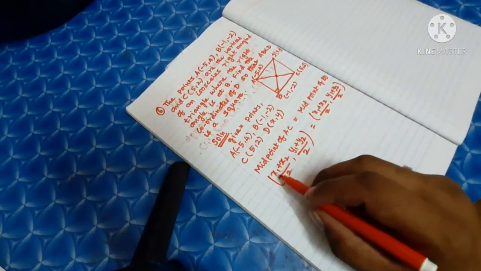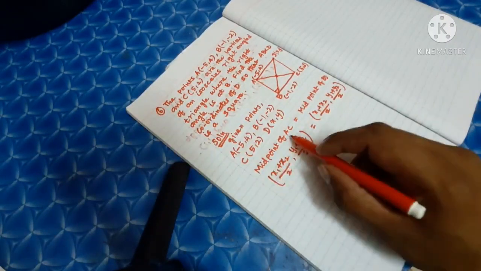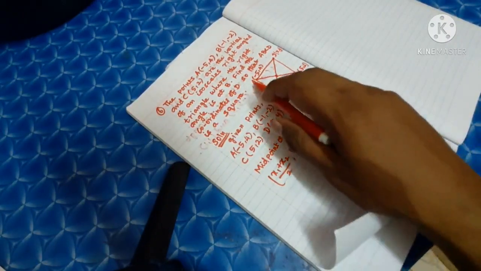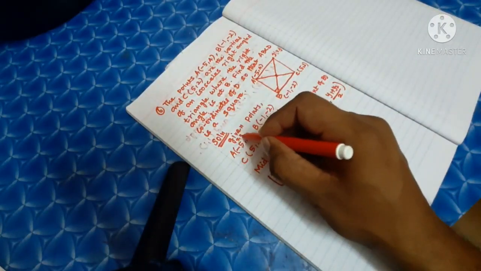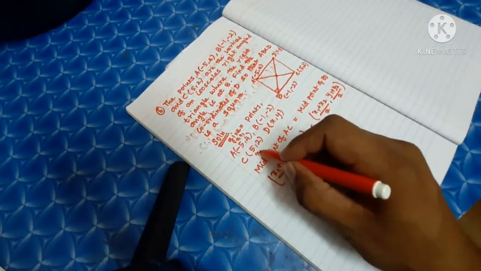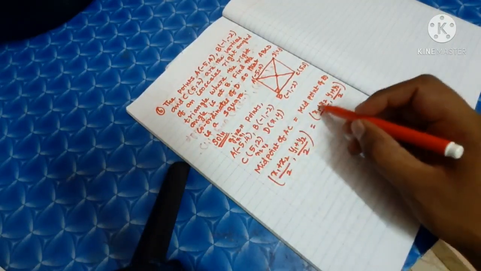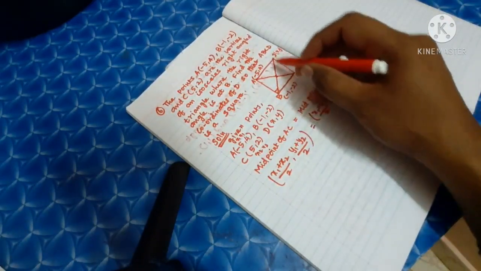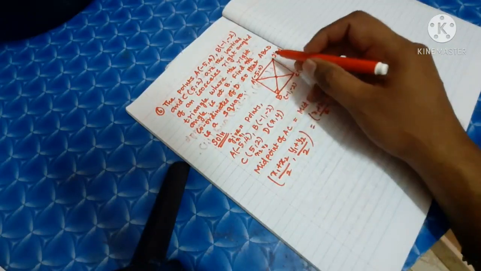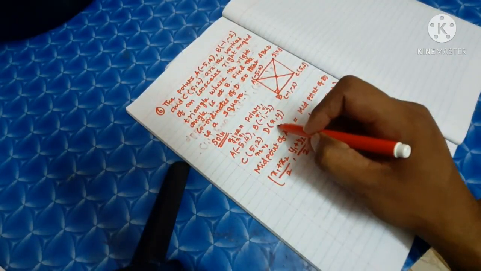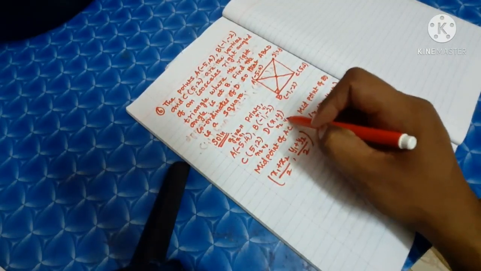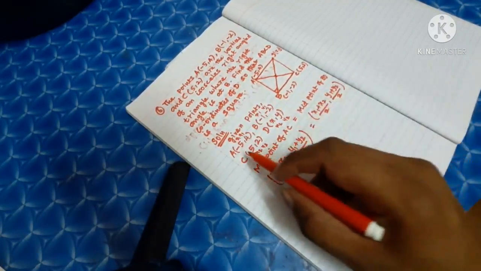Now look at this. This point is for AC, A and C. So A point is taken as x1 y1 and C point is taken as x2 y2. This other one is for B and D. B point is taken as x1 y1, D point is taken as x2 y2. Now substitute in these two formulas.